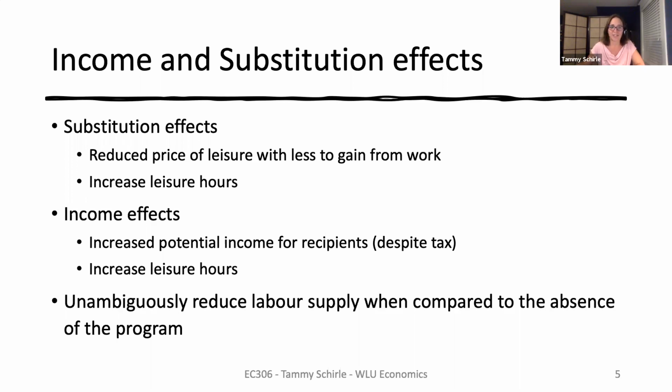That, in turn, should increase their leisure hours as well. So this type of program unambiguously reduces labor supply when we compare it to the absence of this type of program. But recall the negative income tax has been viewed as an alternative to welfare programs with 100% clawbacks. And with that as the benchmark, the program would raise participation in the paid labor market.